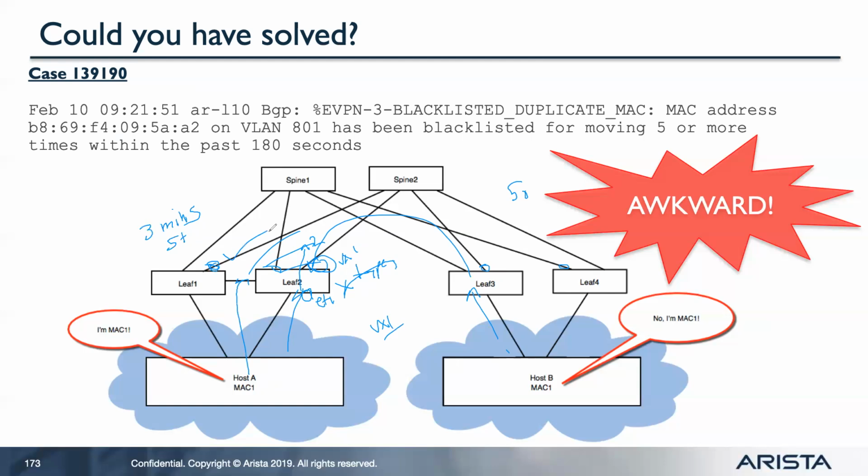So this is one scenario where a lot of customers are reporting partial packet drop. You first need to check this log message, whether there is a blacklisted MAC in EVPN or not. Or if you see the uplink fully utilized, in that case also you need to check that there is no blacklisted MAC.